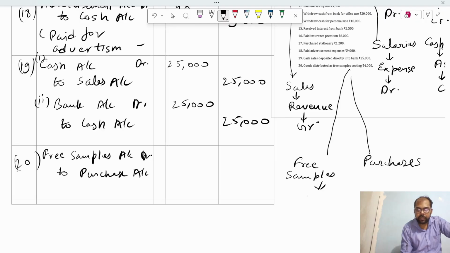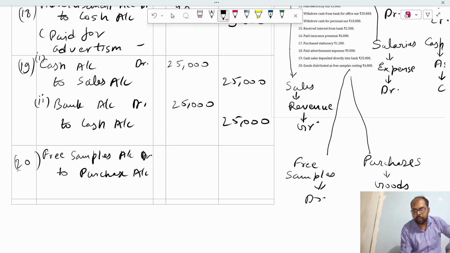So advertising expense is increasing, therefore debited. Purchases, on the other hand, is called goods, because we are using the word purchases for goods.